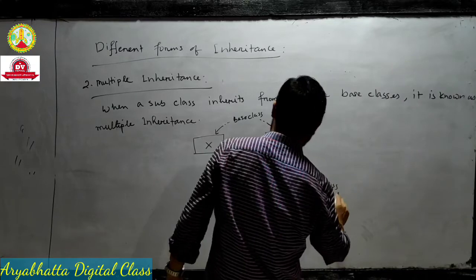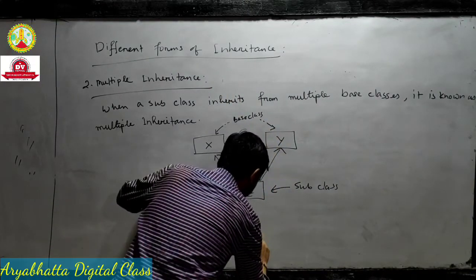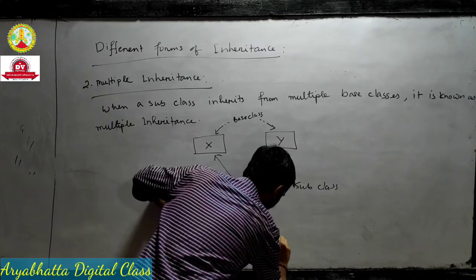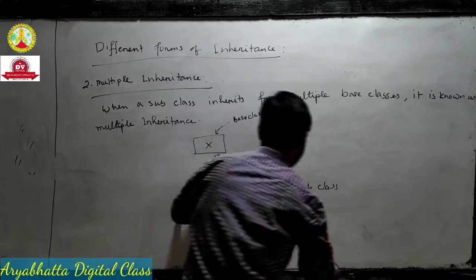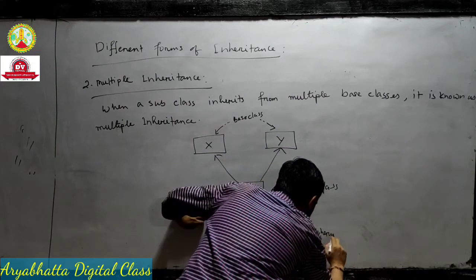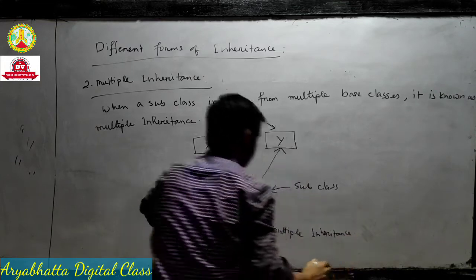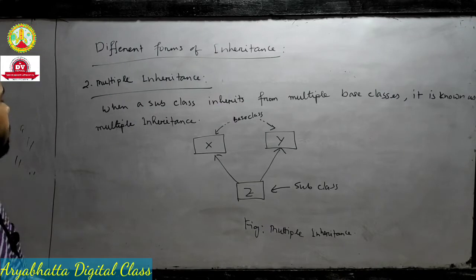Or you write derived class, same thing. Or here you can also write superclass. When superclass means base class. This is the figure for multiple inheritance. Okay, means when a subclass inherits from multiple base class.